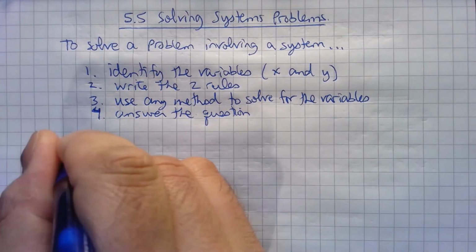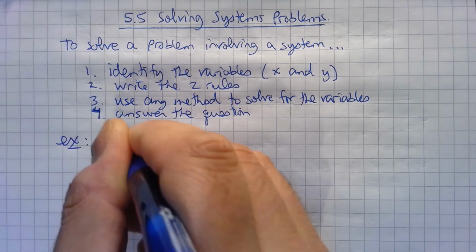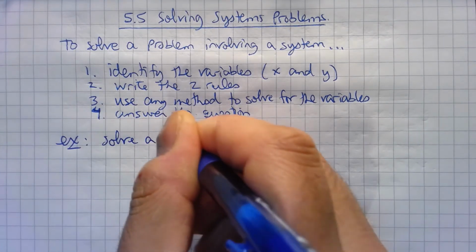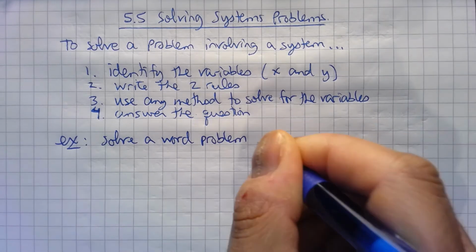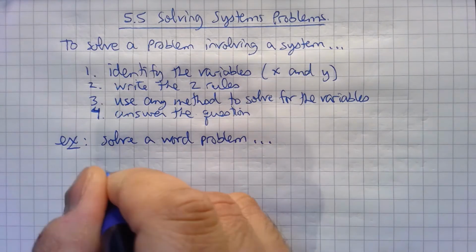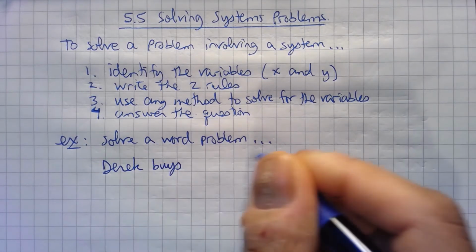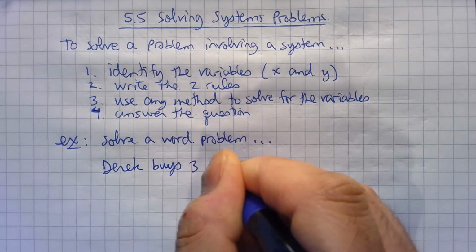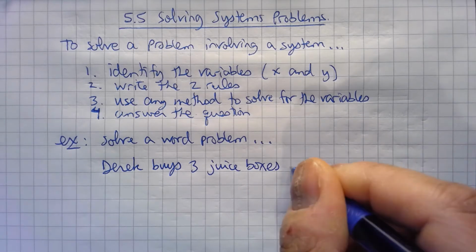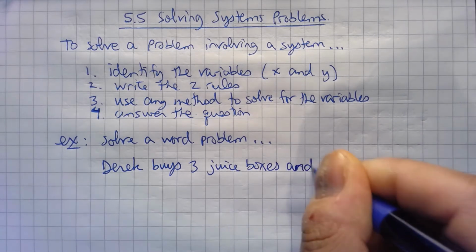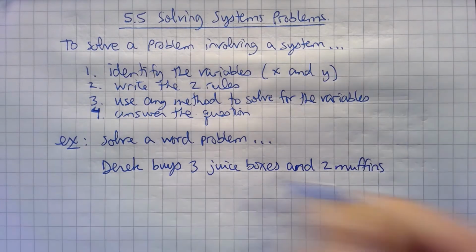Okay, so let's do an example here. So we're going to solve a word problem here, so I'm just going to put that as the description of what we're going to do, and then I'm going to write the question underneath. Alright, let's go ahead and do this. Derek buys 3 juice boxes and 2 muffins for $6.